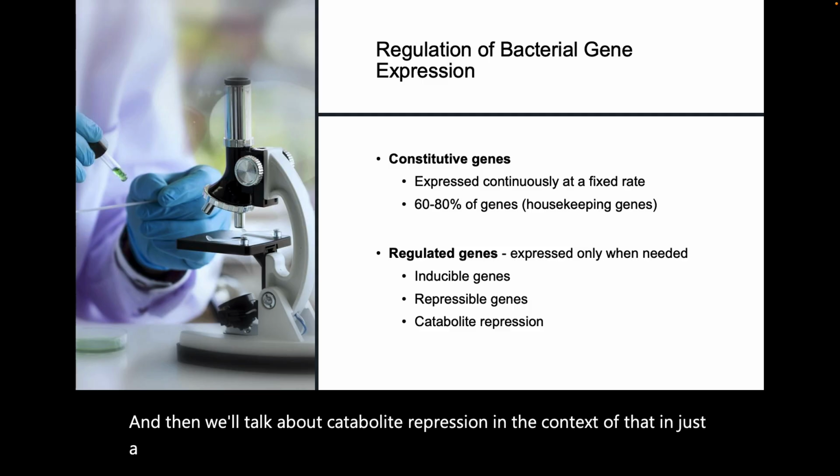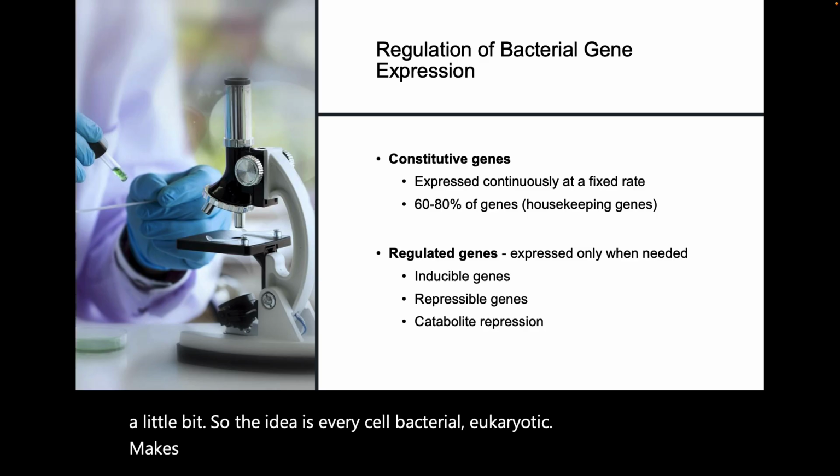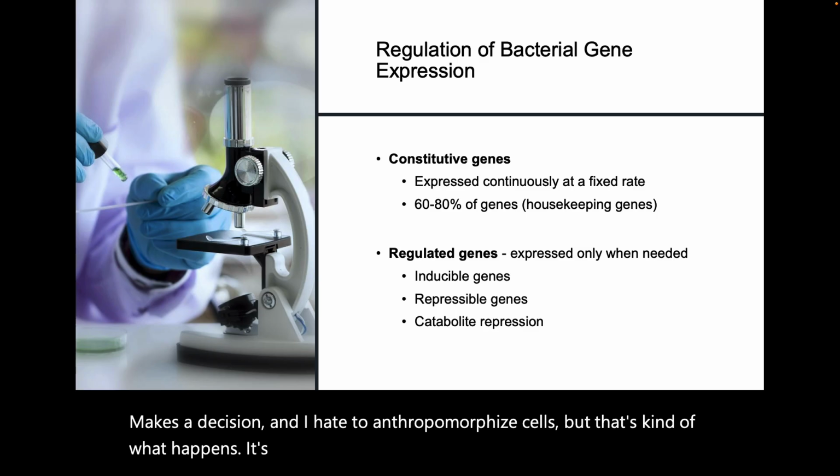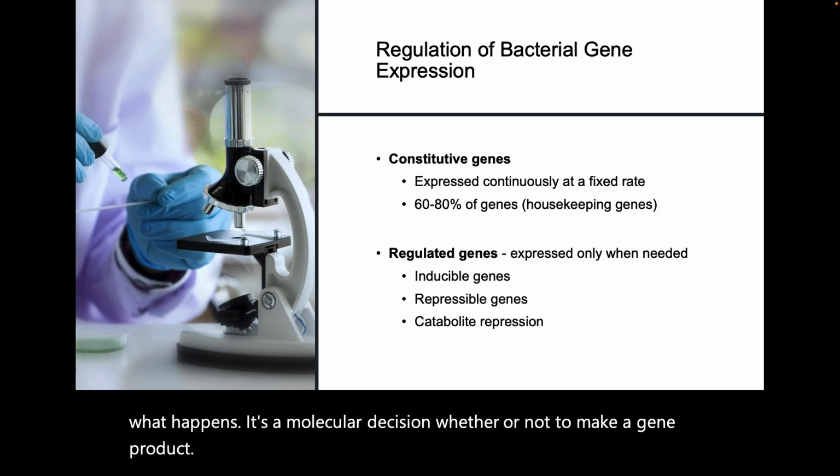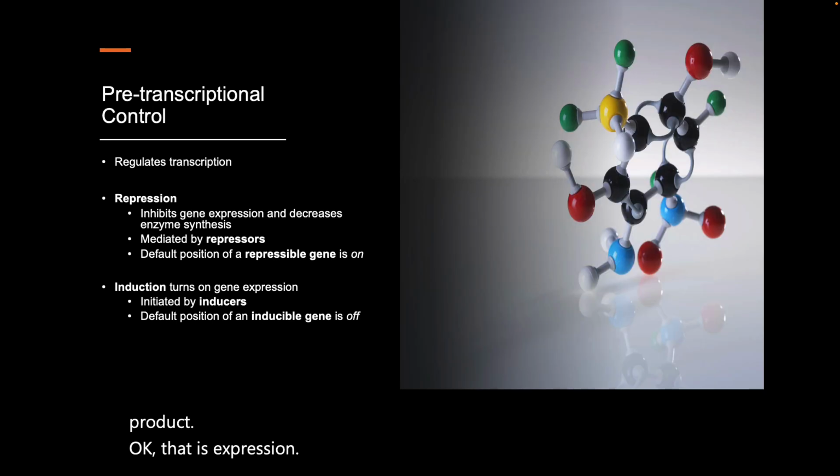So the idea is every cell, bacterial, eukaryotic, makes a decision, and I hate to anthropomorphize cells, but that's kind of what happens. It's a molecular decision whether or not to make a gene product. Okay, that is expression. And so we can have a number of different levels of control of gene expression.